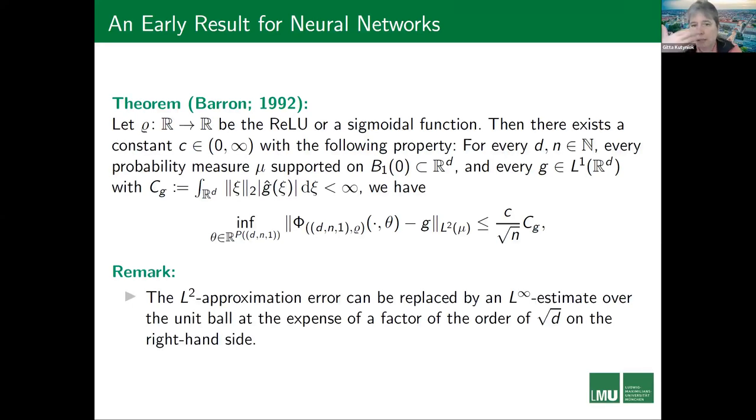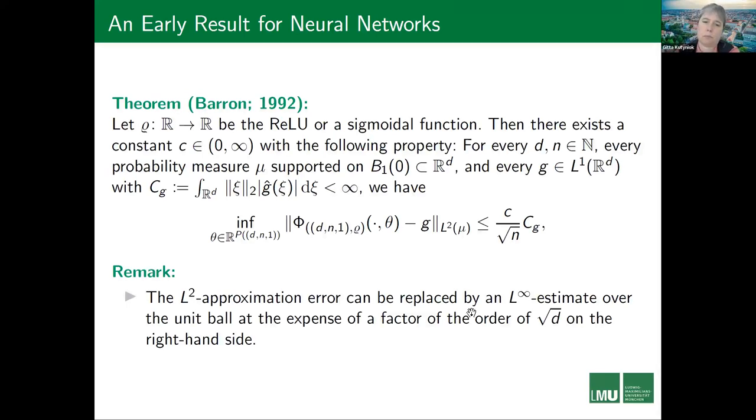So this is a result which shows that you can approximate functions, presumably also high dimensional functions, which satisfy some natural condition, with neural networks, but the error does not depend on d, on the dimension, but only on n.